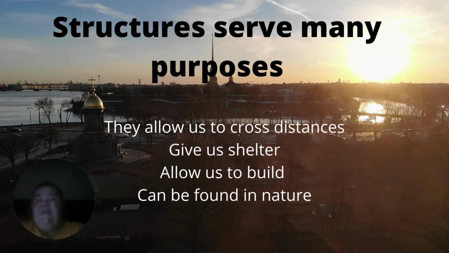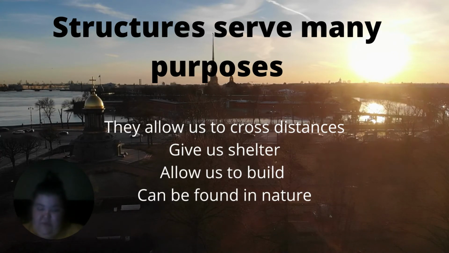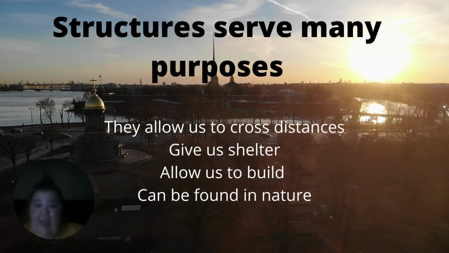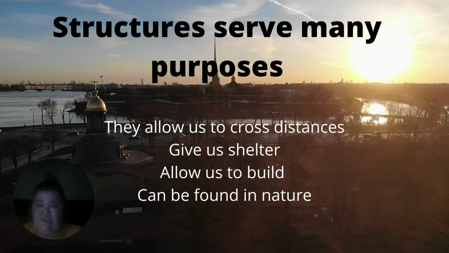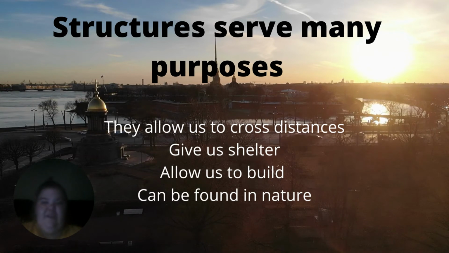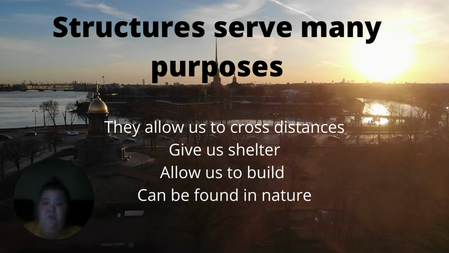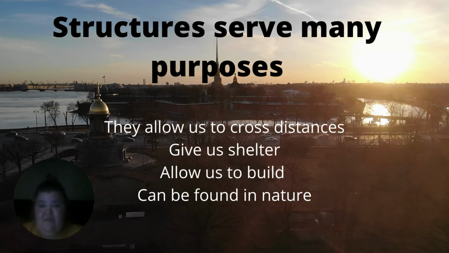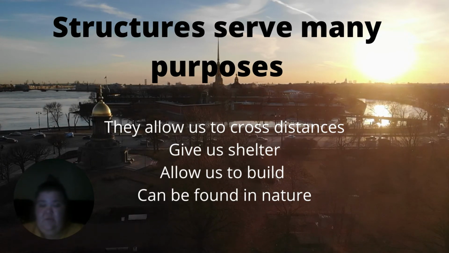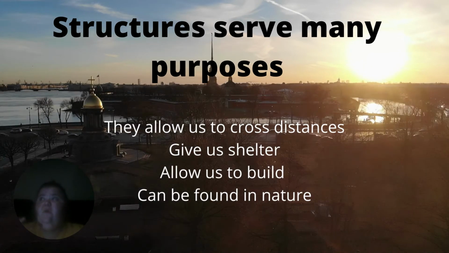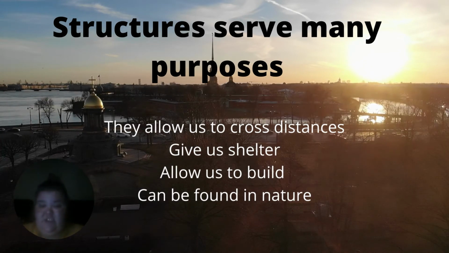But then there's another important part. Structures can be found in nature. We have our man made structures like a concrete dam, but we also have our natural structures like our DNA or a tree branch. Those are things that automatically occur in nature.